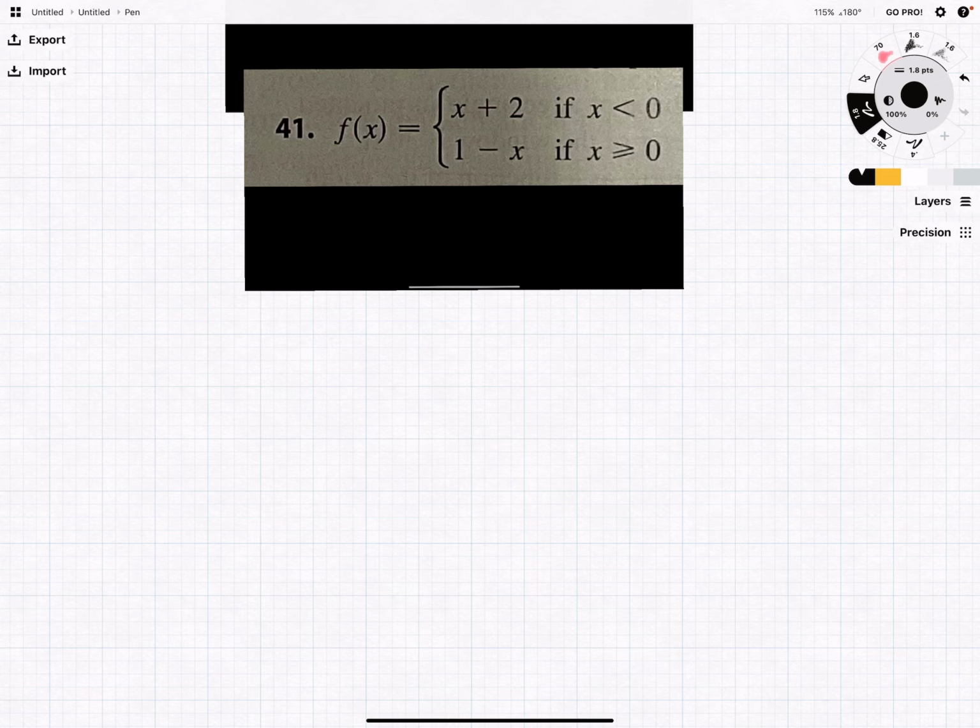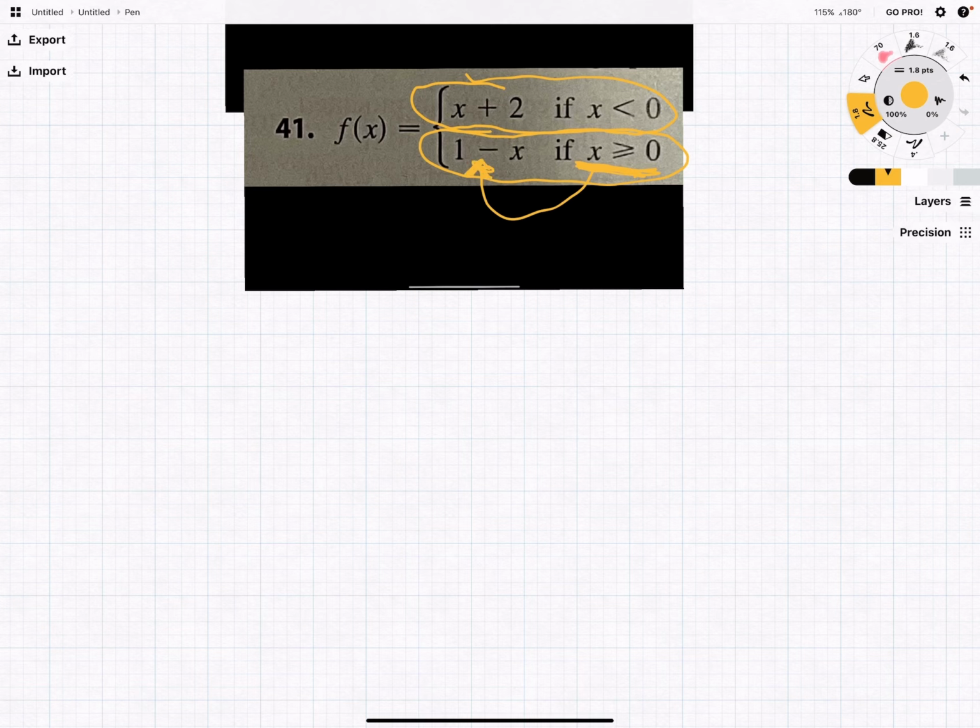Now, what a piecewise function means is what we can see here, right, that there are two pieces of the function. It's sort of saying that there are different conditions for the function. So if your x value here is greater than 0, then you're going to use the function 1 minus x.